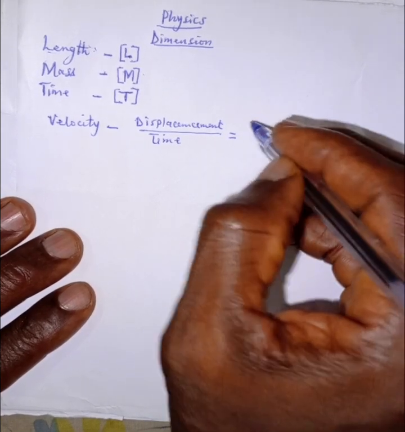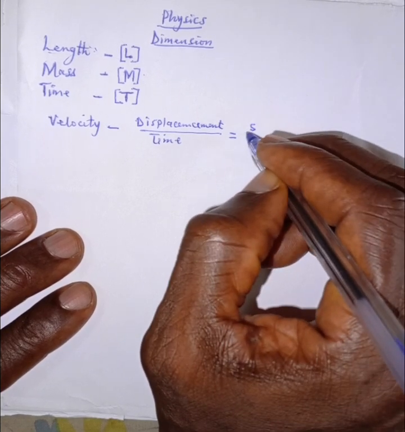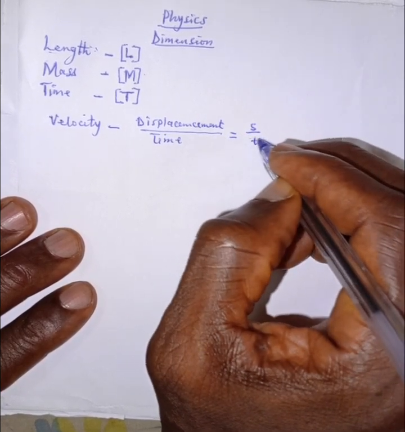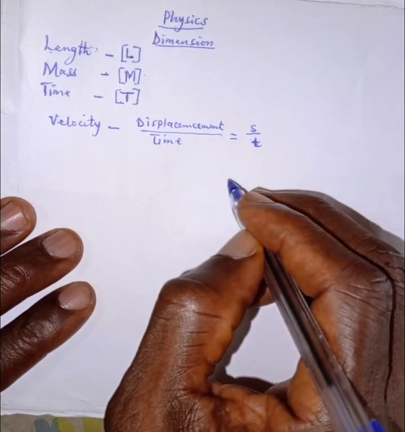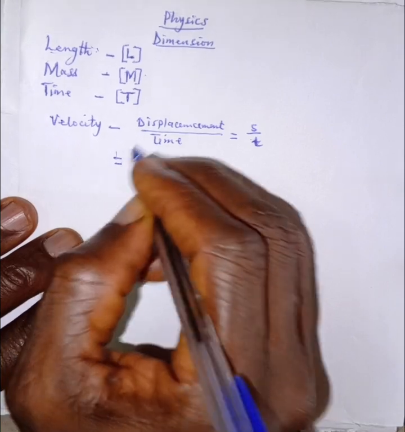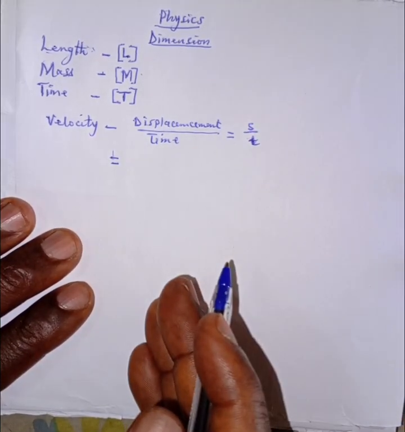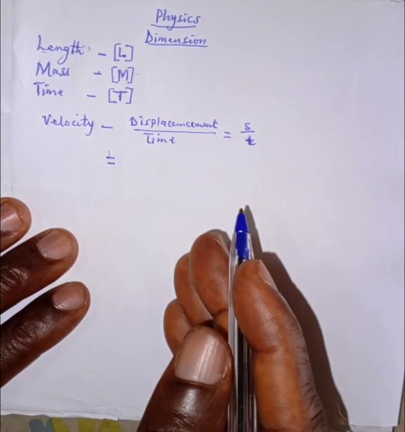Now let's look at the dimension of displacement. Displacement is a distance in a specified direction.